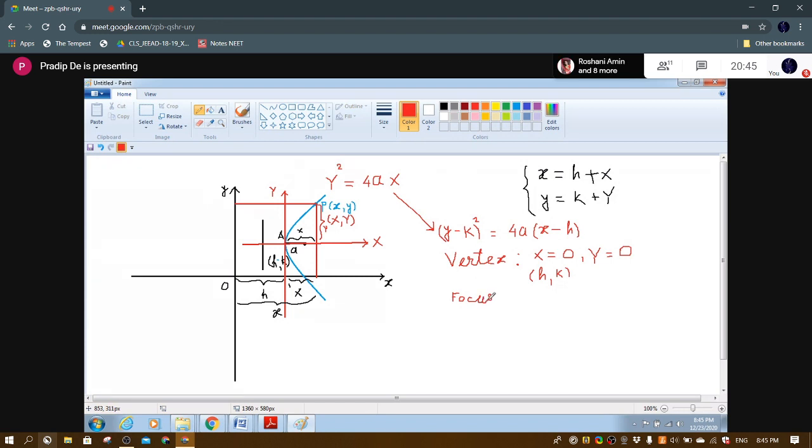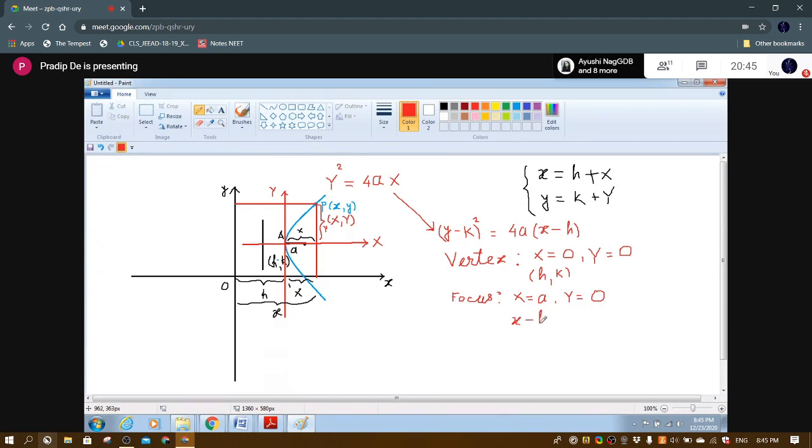In terms of the new coordinate axis, the focus is at a comma 0, but capital X equal to a and capital Y equal to 0. Capital X equal to a, that means x minus h, capital X is small x minus h.